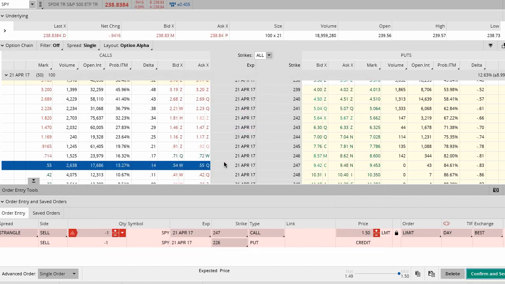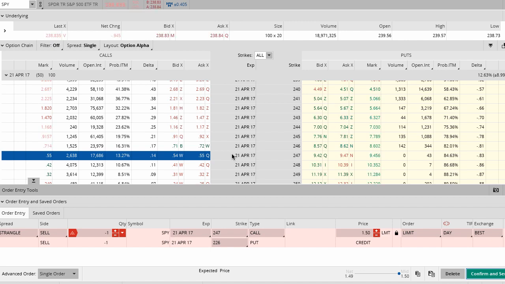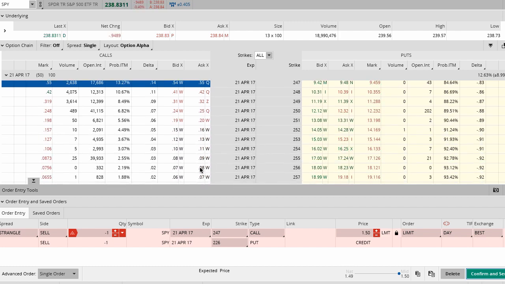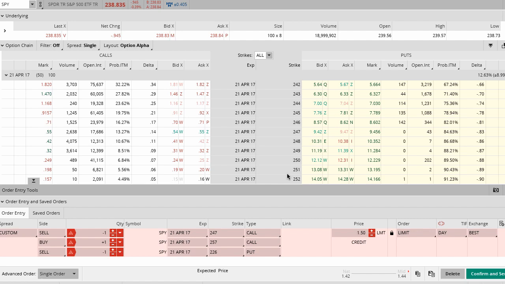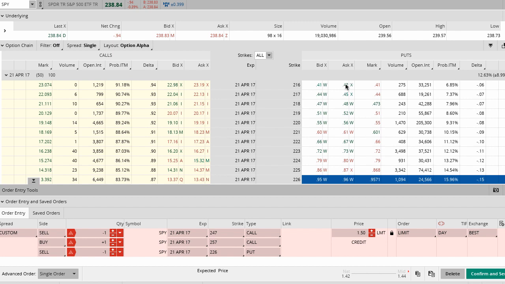Now, what you can do is convert this into a risk-defined counterpart. So if you don't have the ability to handle another $3,900 position, then you can convert this, right? Let's say we buy options $10 out on either end. So we sold the 247 calls, we're going to buy the 257 calls. We sold the 226 puts, and we're going to buy the 216 puts, right?